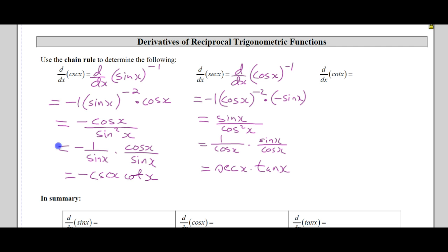So the negative 1 here, and the derivative of cosine is minus sine, 2 negatives. Okay, so same reasoning, right? So equals negative.